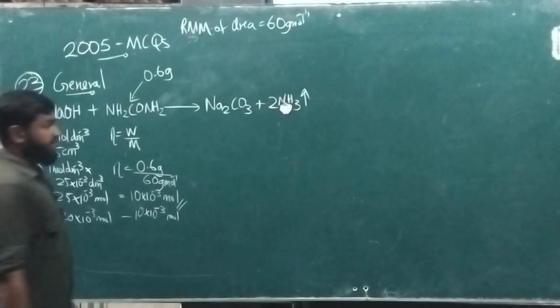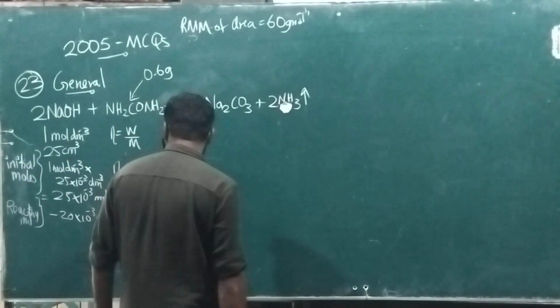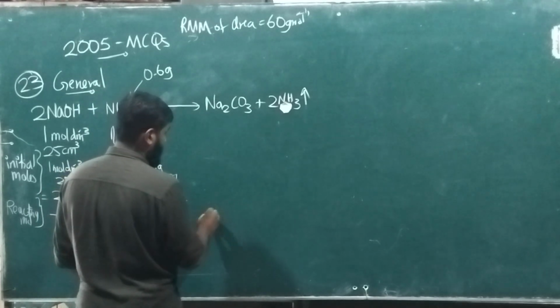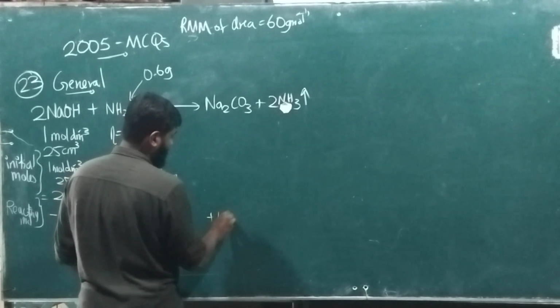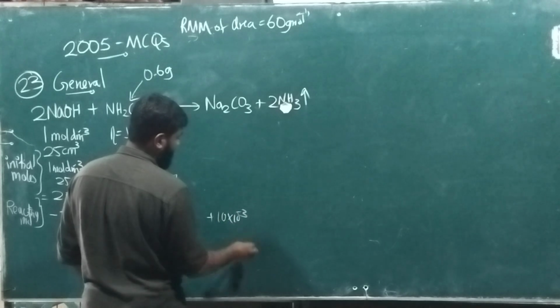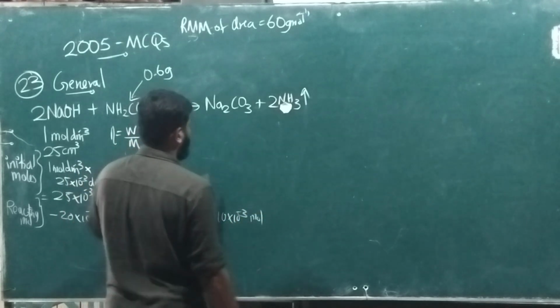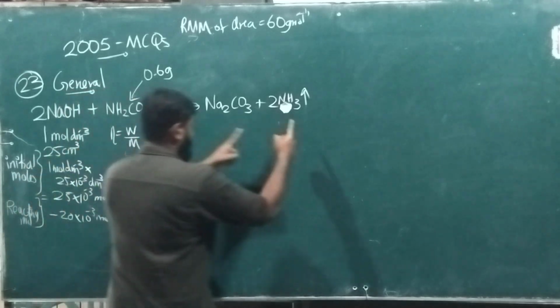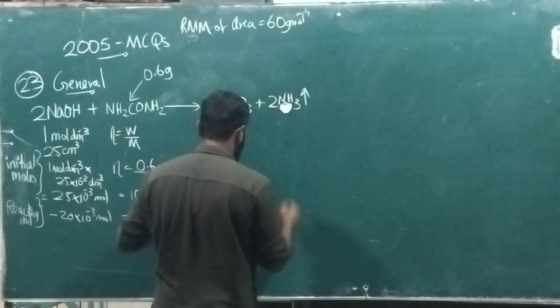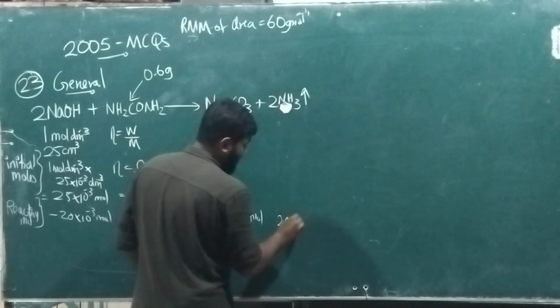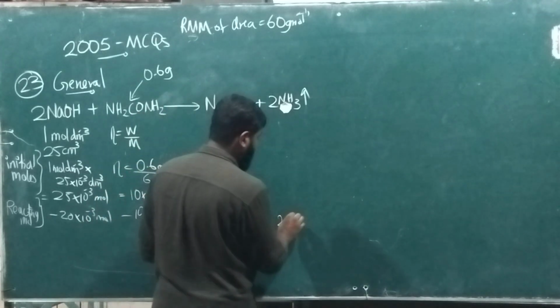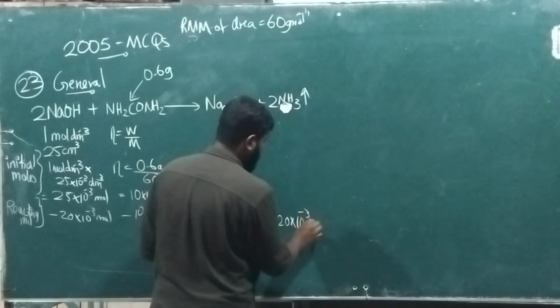Over to the right hand side, we have the products sodium carbonate and ammonia. Here we have 1 mole ratio, so 10 will be formed, 10 × 10⁻³ moles. Along with that, we have twice here, so 1:2 ratio. So 20 × 10⁻³ moles here.